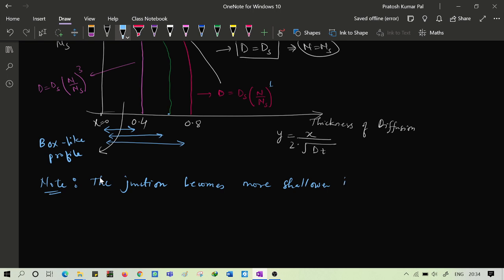Shallower means less penetration to the semiconductor surface.